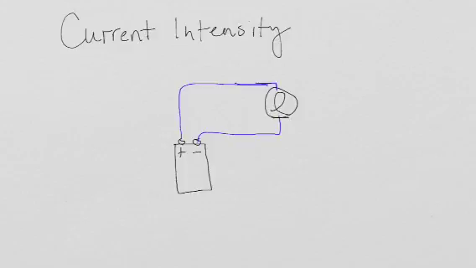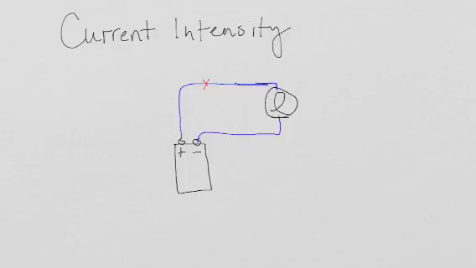So if I want to know what the current intensity is in my circuit, I want to basically say how many coulombs are passing through that point where I've made the X every second. So 1, 2, 3, 4. Every one of those seconds, how many actual coulombs went through that wire? In other words, how many electrons went through that wire at that time?